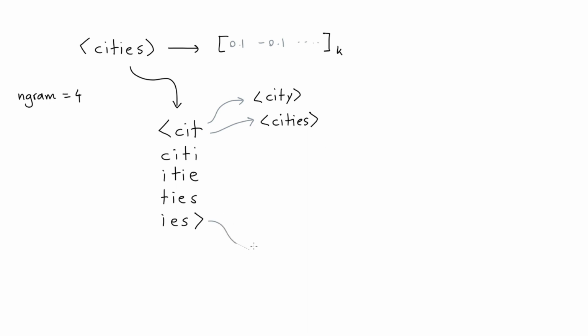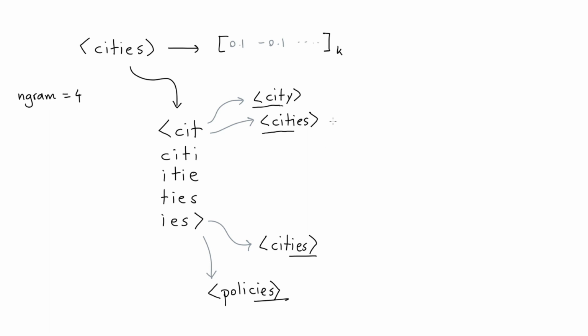The same thing for this subtoken. This one occurs in cities, as well as, let's say, the word policies. And again, we see some resemblance in meaning. The ending of a token with IES in the English language typically indicates plural, that there's more than one instance of it. And we see a very similar thing happening again with the first subtoken as well.